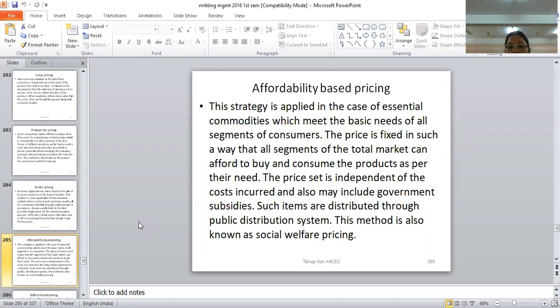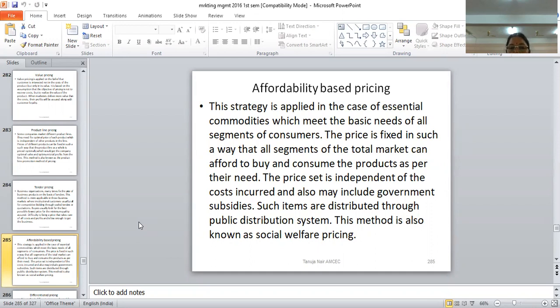This is what you get through your ration shops, that is the public distribution system. In ration shops, you will get rice, dal, oil, sugar, everything at a very low price. This is to make sure that all segments of customers will be able to purchase the essential commodities.